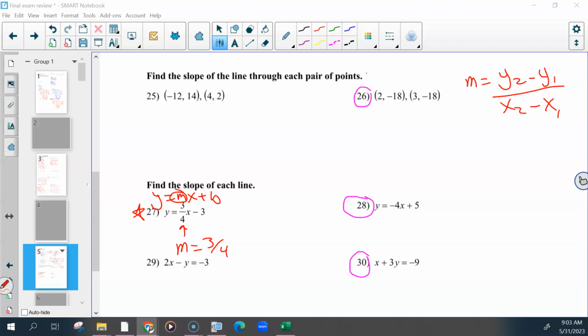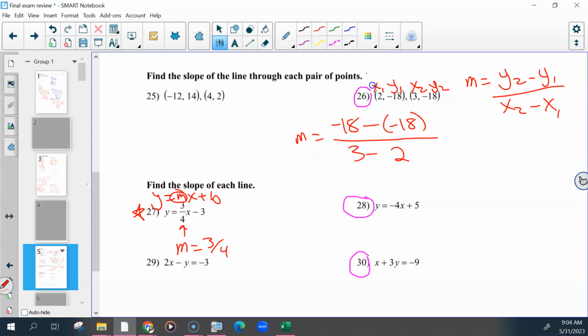You could label these if that helps you, and then put all of these into that formula. So y2 would be negative 18. y1, we are subtracting no matter what, but this also is negative, so you would put both minus negative. x2 is 3, x1 is 2.